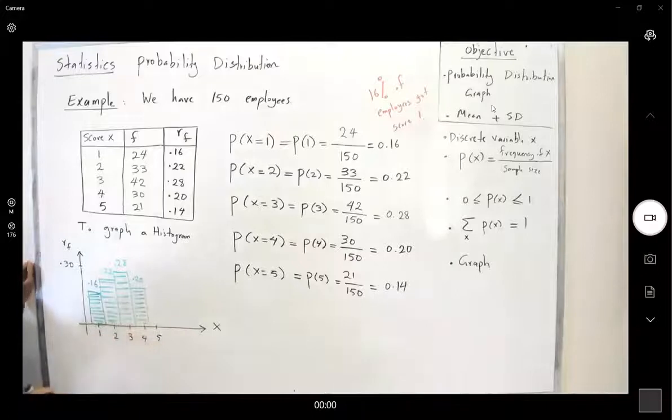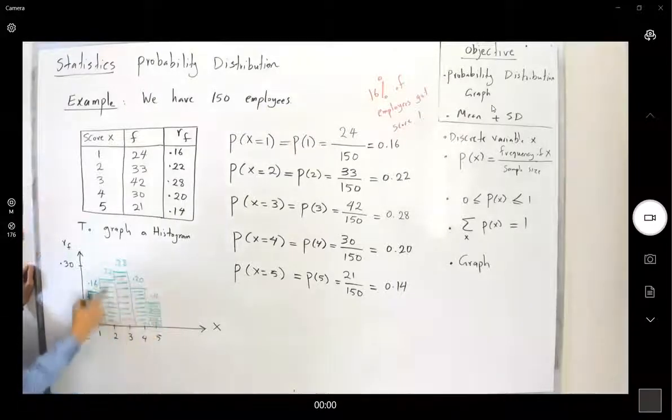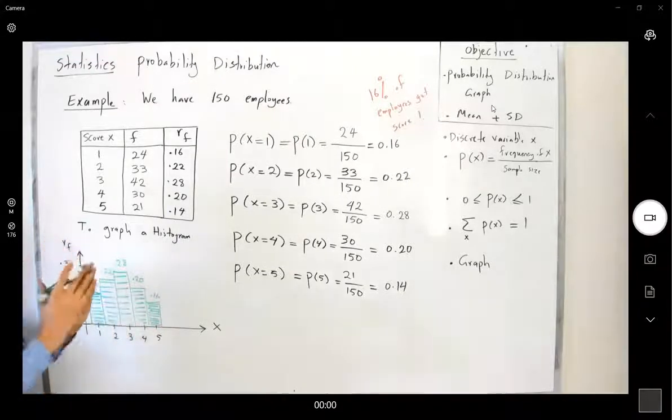And finally, the last class has representative 5 with relative frequency 14%. So here we go. This is our histogram. There is no gap in between these bars. If you use gaps, it means that you don't have a histogram, you have a bar graph. So all of these need to be next to each other with no gaps in between.